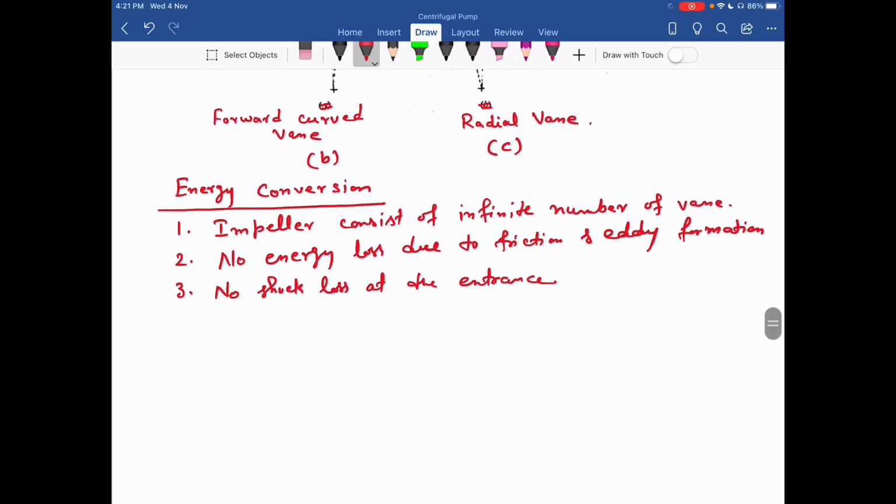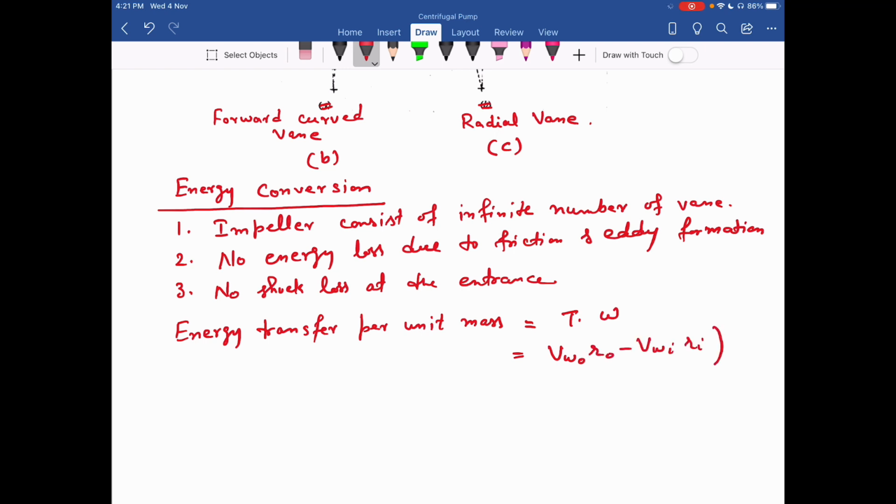So now I can write the energy transfer per unit mass. That I can write as torque into omega. So my torque is VWO RO minus VWI RI into omega, or I can write it as VWO UO minus VWI UI.